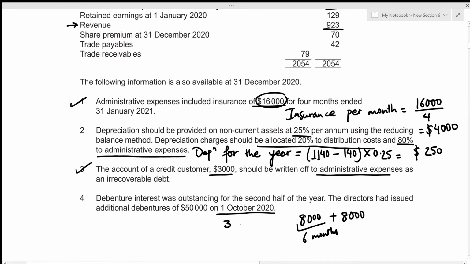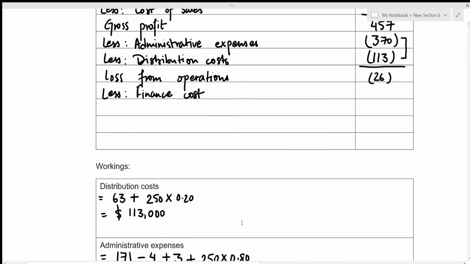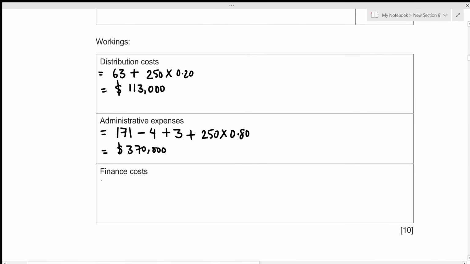All right, let's figure out the total interest first. That's going to be 8,000, which had already been paid for the first 6 months, and another 8,000 for the second 6 months of the year, and then we issued new debenture, 50,000. The interest should be charged at 8%, so we can just multiply it with 0.08.